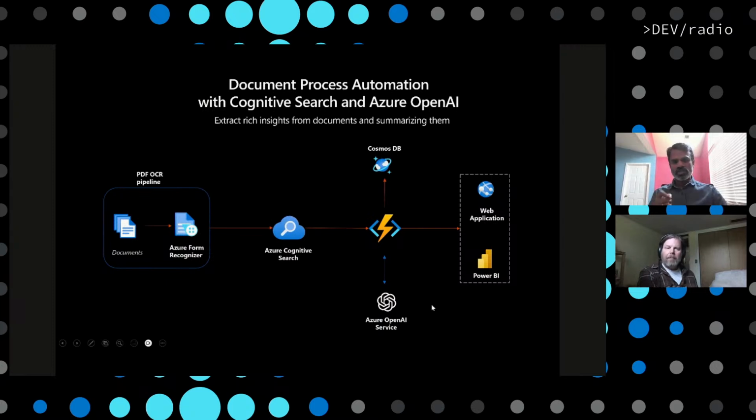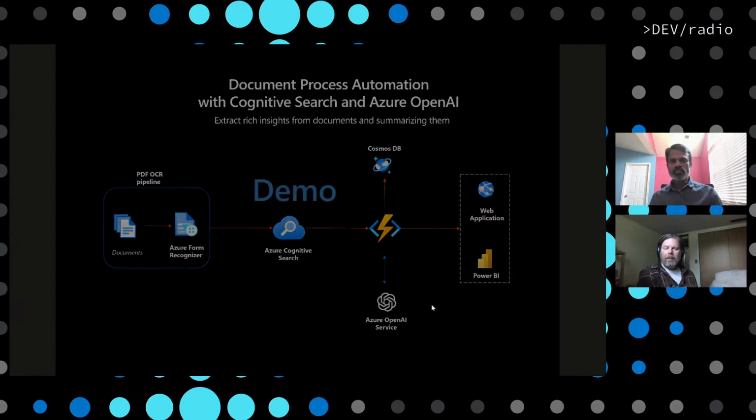I will show this capability in a demo later on. So with that, I will switch to the live demo of the cognitive search capabilities. I'll show you how to set up cognitive search in the Azure portal, and I'll demonstrate a few demos that we built using cognitive search and also Azure OpenAI.